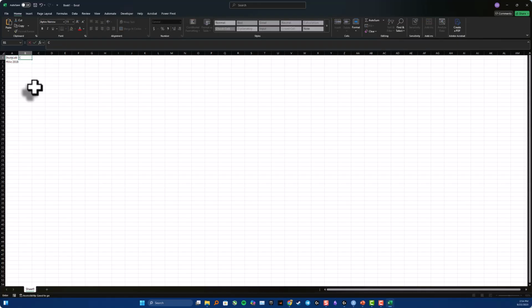And here I'm going to have a column called mean E, SD E, mean control, SD control, and then number of observations for experimental and number of observations for the control.